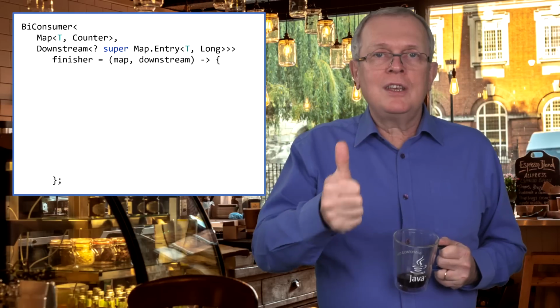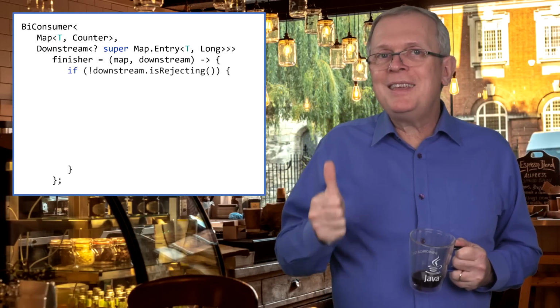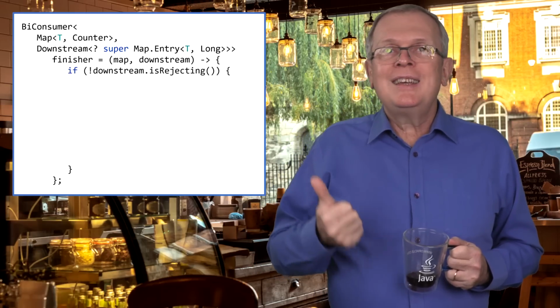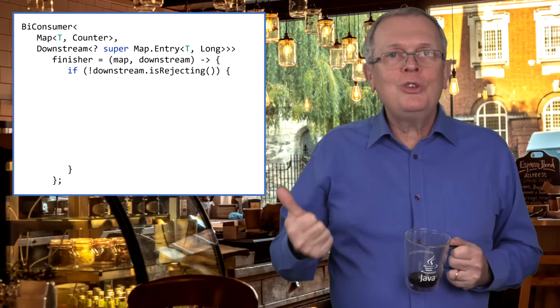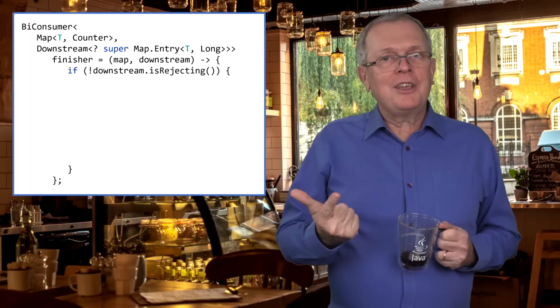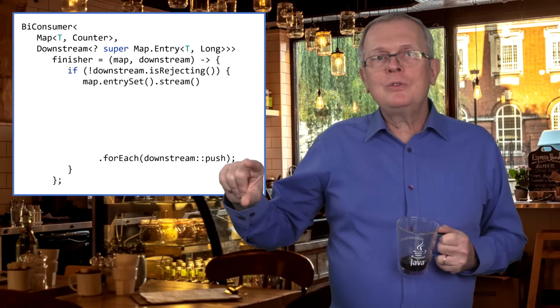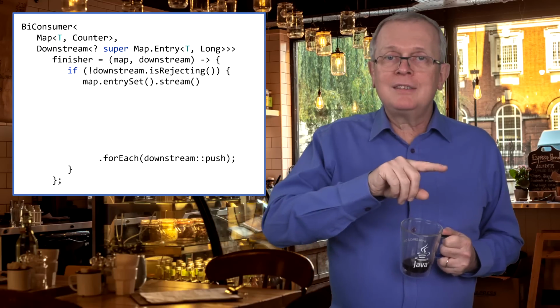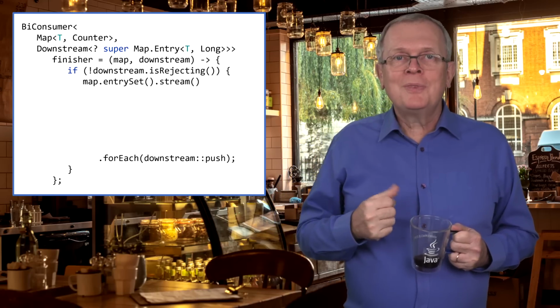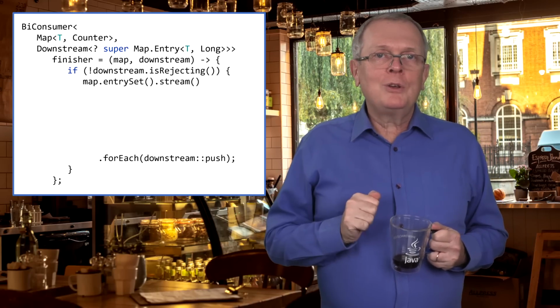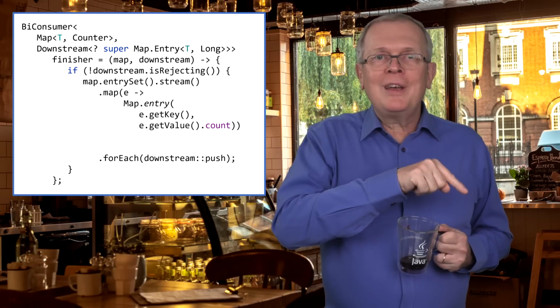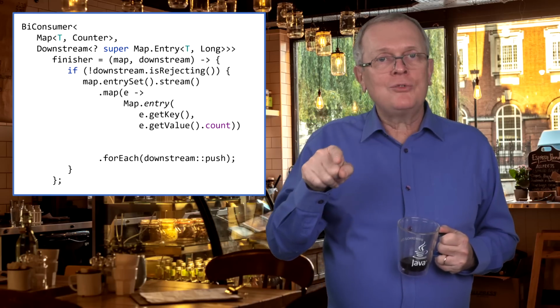First thing, check if the downstream needs more values or not. If not, then there is no need to push anything. Second, you can stream the key-value pairs of your map to push them to the downstream. But before that, there are two things you need to do. First, you need to map them, to open the counter and extract the value it wraps.